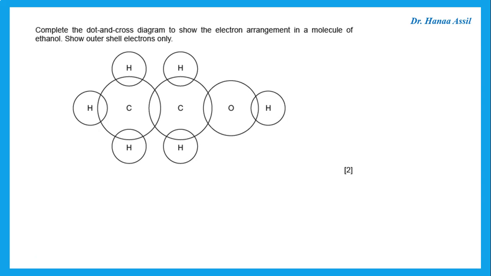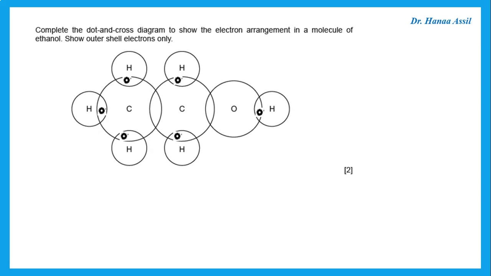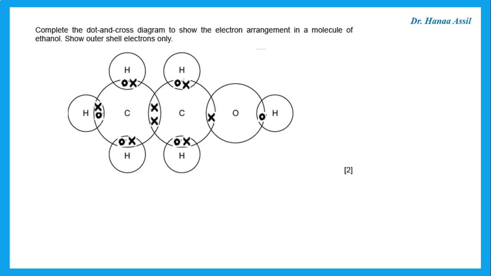What about this one? Complete the dot and cross diagram to show the electron arrangement in a molecule of ethanol. You know that each hydrogen has 1 and needs 1. So we're going to give it 1, and we're going to take 1 from whatever is next to it, carbon or oxygen. The carbon needs a total of 4.